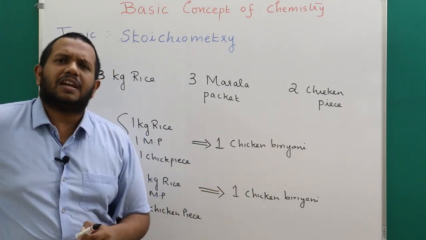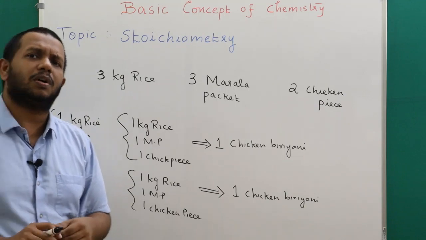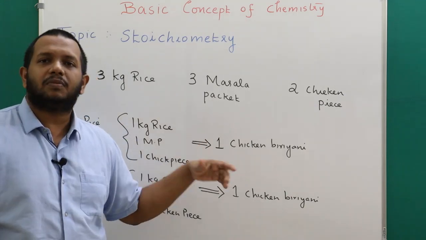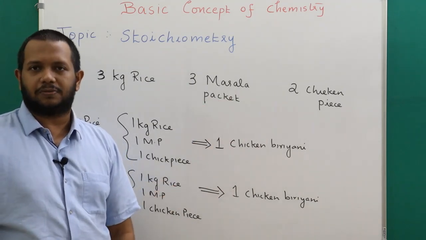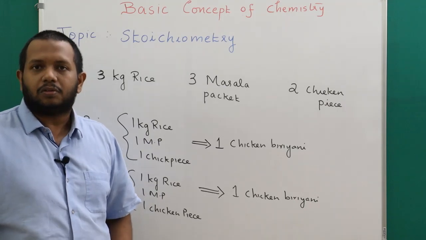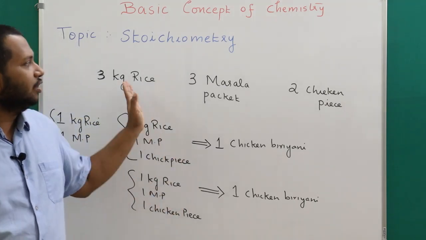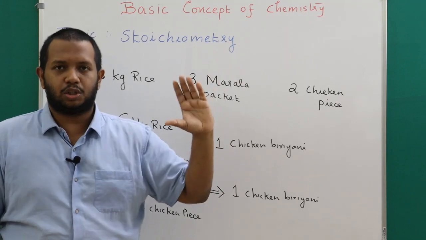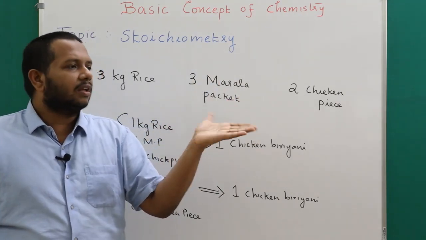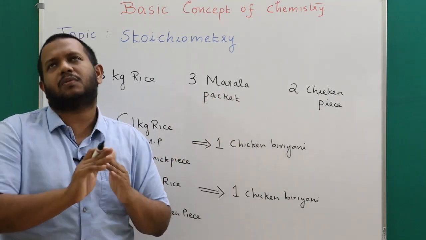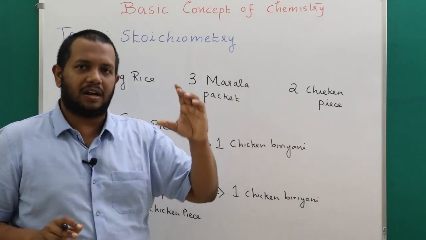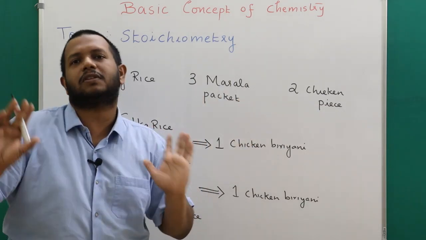Now, I have introduced here a new term called limiting substance or limiting reagent. I need to tell many things with respect to this limiting reagent. I will explain that one by one. I hope you understood this story. The story mainly tells us that initially you will be given one ratio, or you will be finding some fixed values, and based on that you will understand the constituents for that recipe.